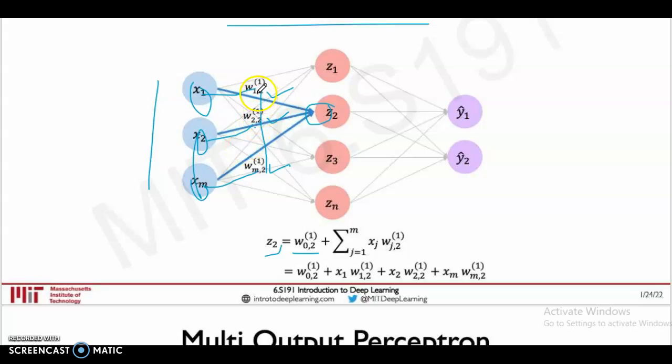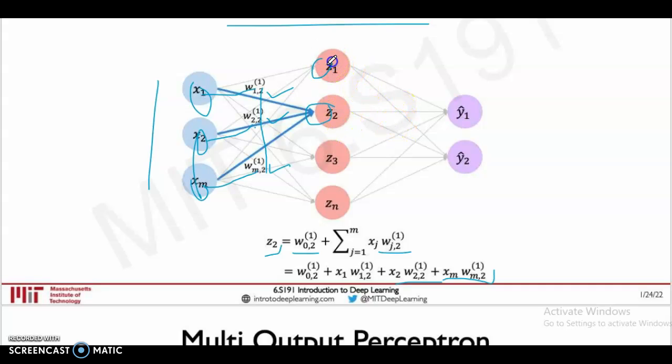So it equals w0,2 power 1 plus x1 w1,2 power 1 plus x2 w2,2 power 1 plus xm wm,2.